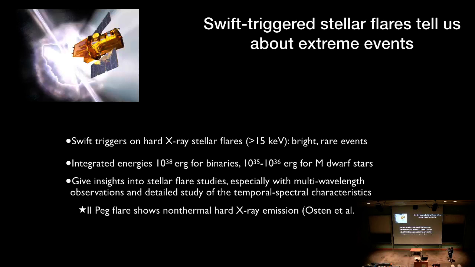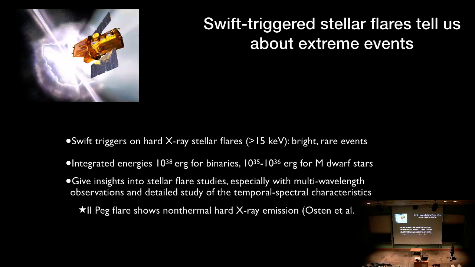The SWIFT telescope can sense a large portion of the sky at any one time. It senses these bursts, and then it can very swiftly reorient the satellite to pick up afterglow radiation at soft X-ray, UV, and optical wavelengths. Those turn out, you remember that table I showed you of stellar flare observational signatures? You see the same kinds of signatures in stellar flares.